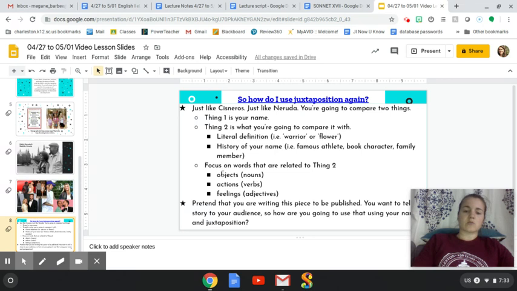And three types of words: objects, which are nouns, actions, which are verbs, and feelings or descriptions, which are adjectives. For example, some words that might relate to a flower are blossom, petal, delicate, bloom, sun-kissed, rose, etc.